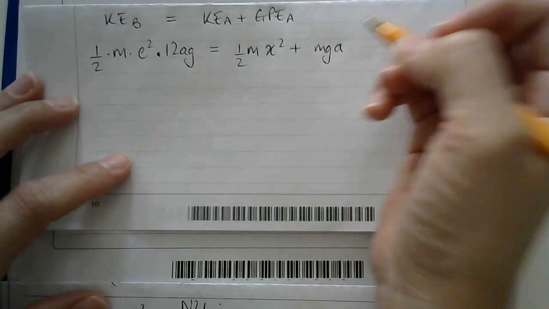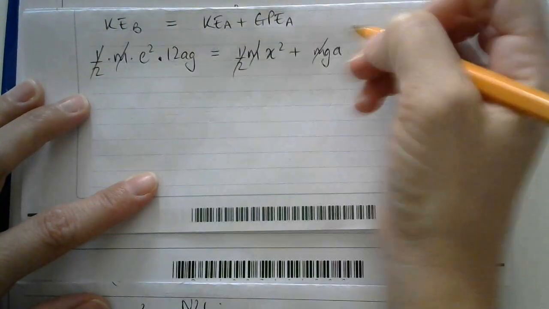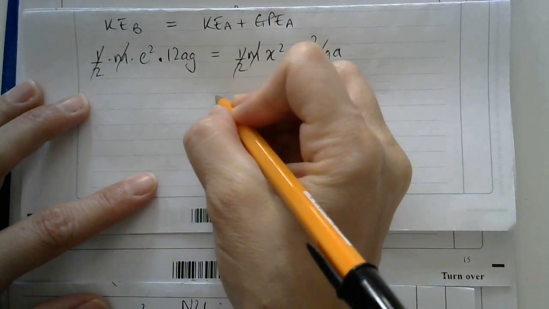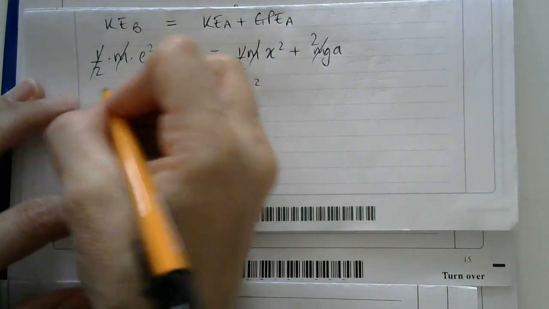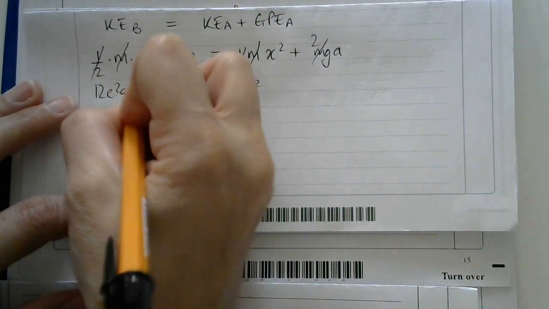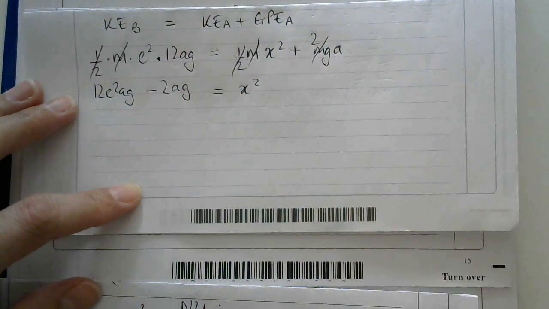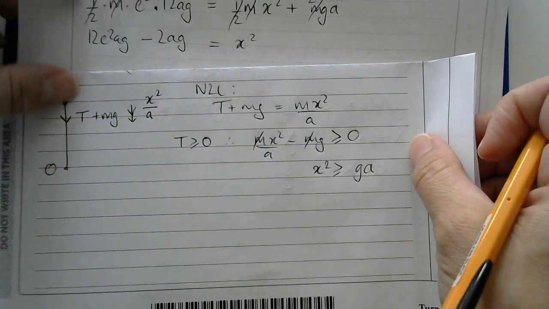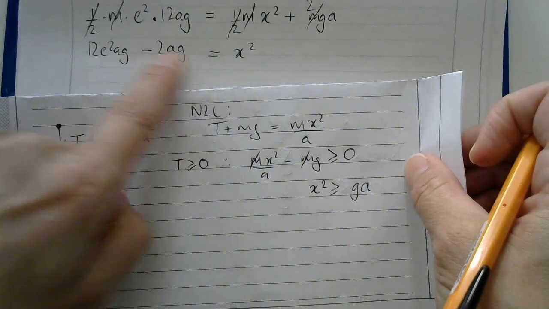So if I divide everything by m, double everything, then here I end up with x squared is this thing, 12e squared ag minus 2ag, and then I know that x squared is bigger than or equal to ga, so therefore this thing is bigger than or equal to ga.